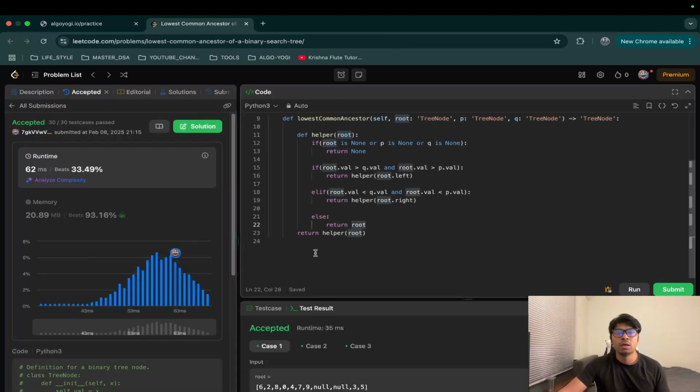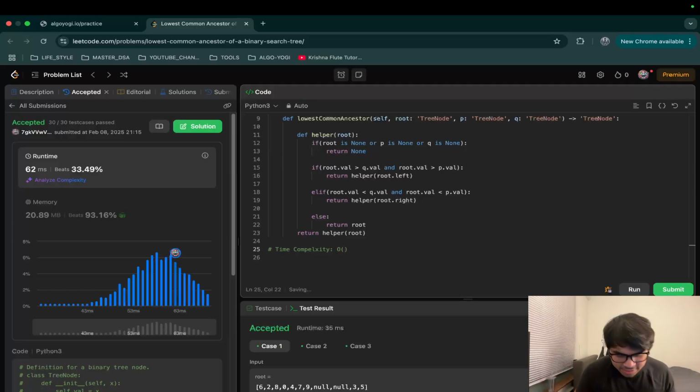Okay, cool. Let's talk about the time complexity, which in trees problems is always big O of n, where n is the number of nodes. Oh, sorry, no. This is a BST. That's pruning, guys. Sorry.